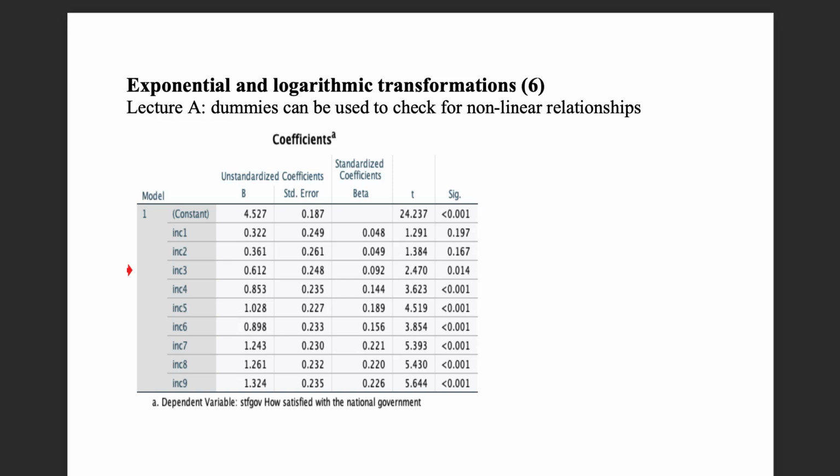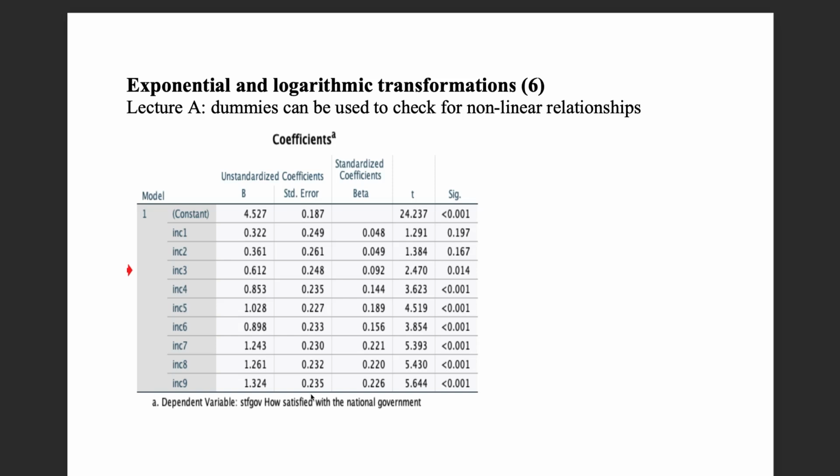And so because income only has 10 categories, I figured, well, what I'm going to do is make dummy variables for all the different income categories except for the lowest one, because I'm going to use that as a reference category. And instead of having one linear income effect, I'm going to treat income as a categorical variable, and then include 9 different income dummies in my regression model.